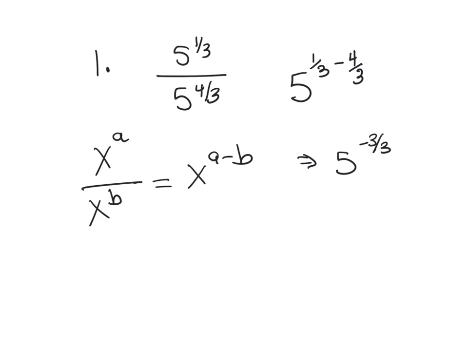Negative 3/3 often goes by its street name, -1. So this is 5 to the -1. But we know, because we are exponent experts, that the -1 means it's a fraction. You have to move it downstairs: 1/5. And that is the answer to problem number 1.